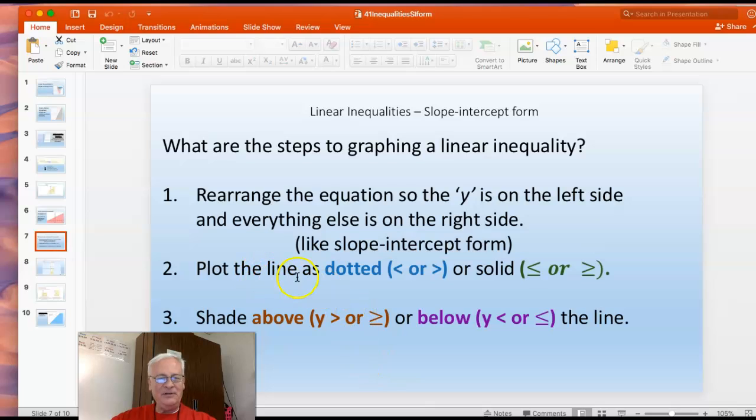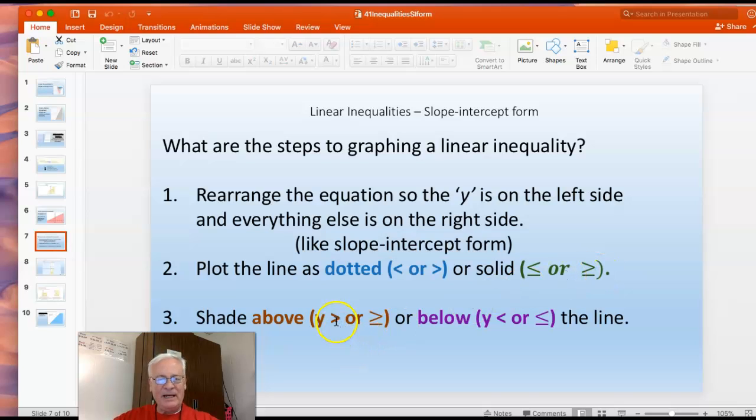Number 2, you have to decide: is that line dotted or solid? It's dotted if it's just less than or greater than. It's solid if it has the line underneath the symbol, which means less than or equal to, or greater than or equal to.